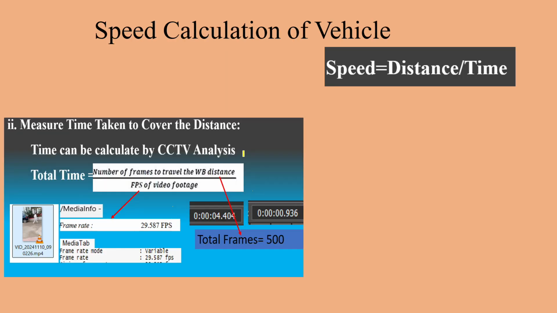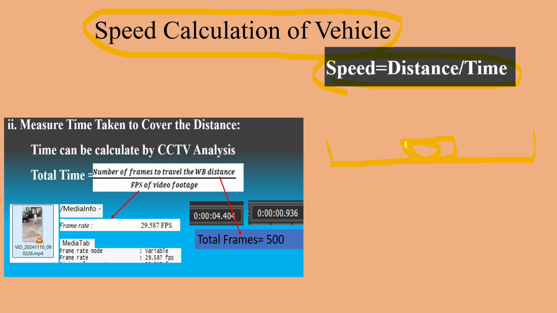Another use of CCTV footage is speed determination of a vehicle using the simple formula: speed is equal to distance upon time. Distance can be measured by taking two reference points from the CCTV footage.